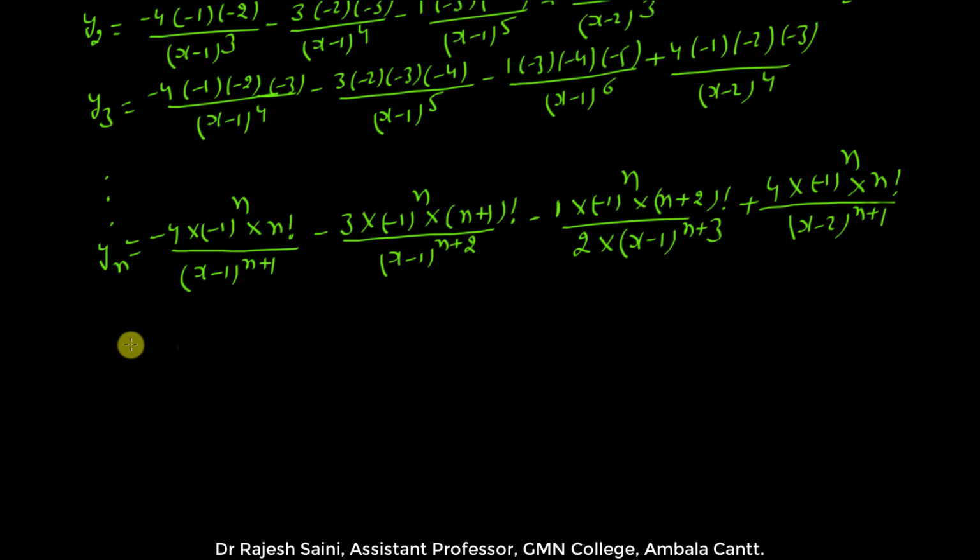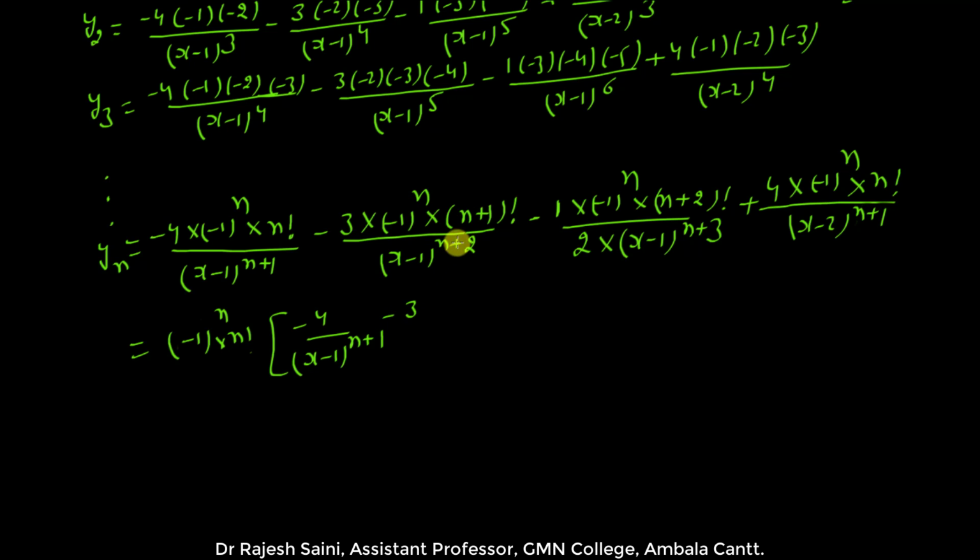So now from here you can take minus 1 raised to the power n into n factorial common. So what will be left inside? Minus 4 by x minus 1 raised to the power n plus 1, minus 3.